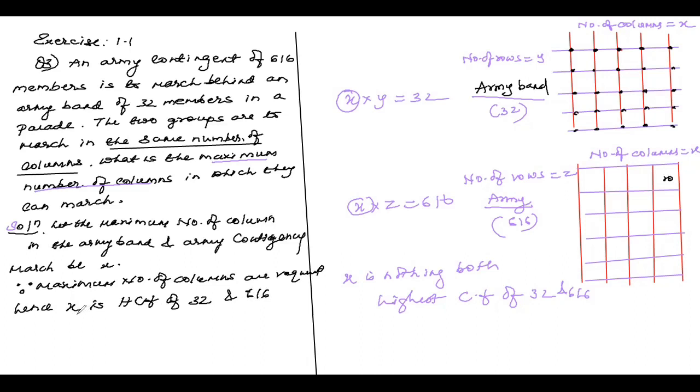How to find this x, children? Therefore, by applying Euclid's lemma to 32 and 616. तो कौन सा बड़ा है बेटा? 616 बड़ा है. So क्या आएगा? 616 equal to 32 into this.